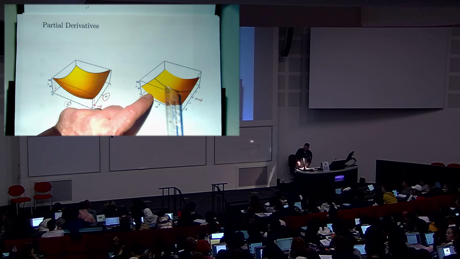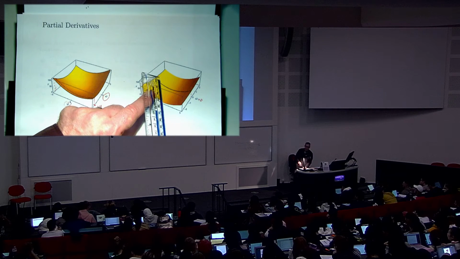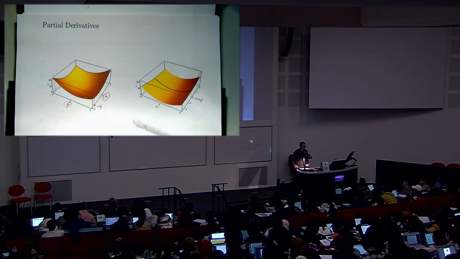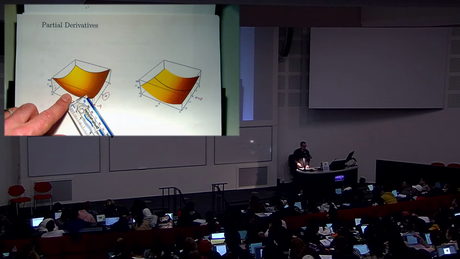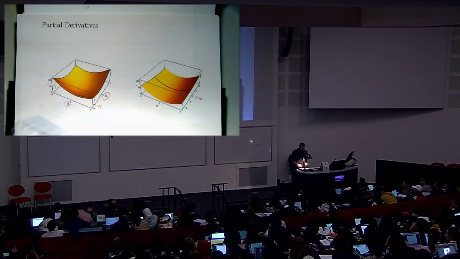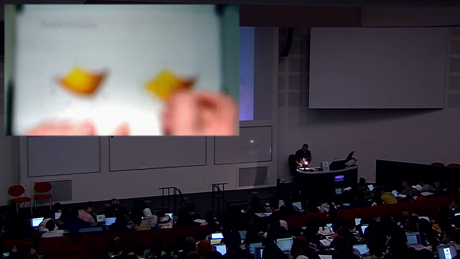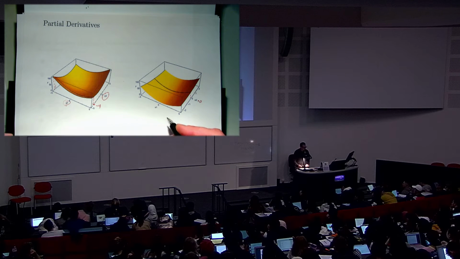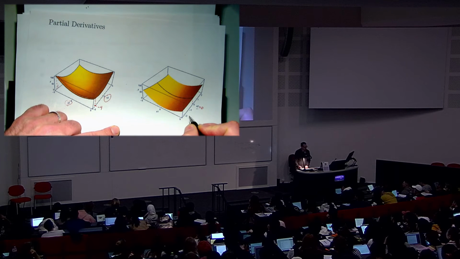But was anything special about this partial function? We could have calculated an infinite number of partial functions. We have another one here, right? So the slope to this function clearly depends on x1, but it also depends on the x2 value.